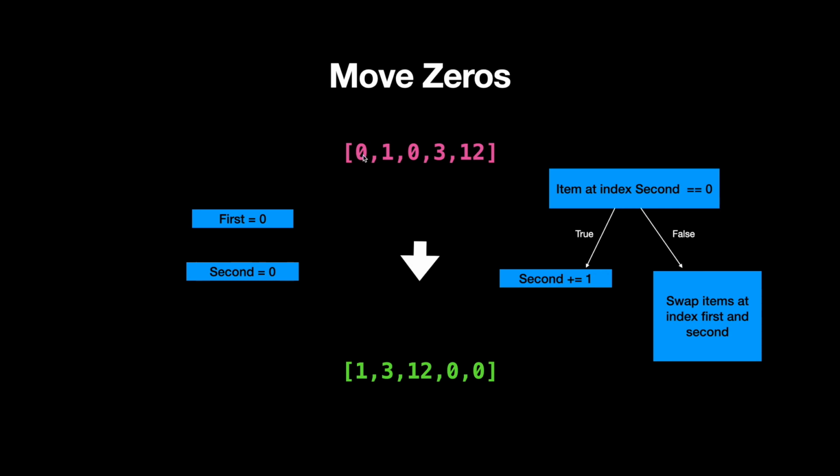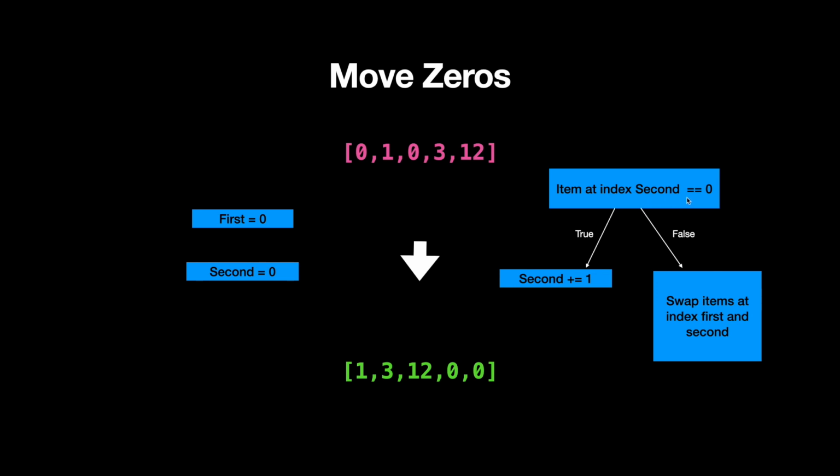In our array, the item at second index 0 is 0 only. So second is at index 0, and the item at index second is 0, so we'll move the second index to the next item. So now our first index is 0 and second index is 1, right?